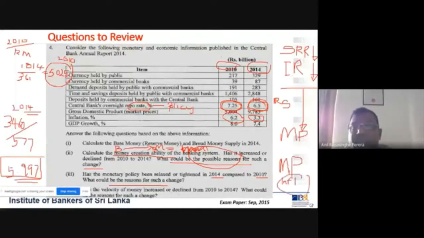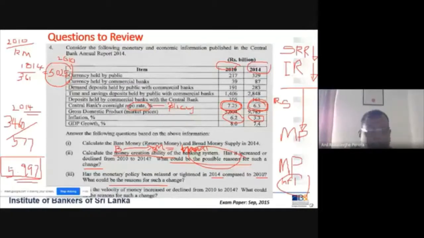So if the central bank doesn't have any inflation threat, it can relax the monetary policy. So here inflation rate has come down from 6.2 to 3.3. So that is the main reason that the central bank has allowed relaxed monetary policy. Okay.